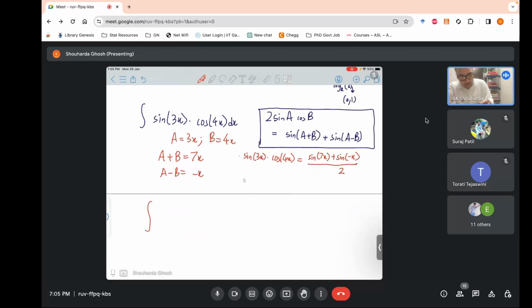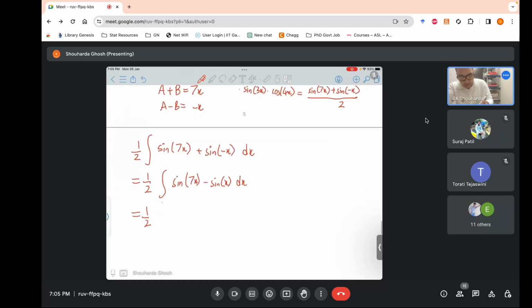So I have the integral of half times sin 7x minus sin x dx.